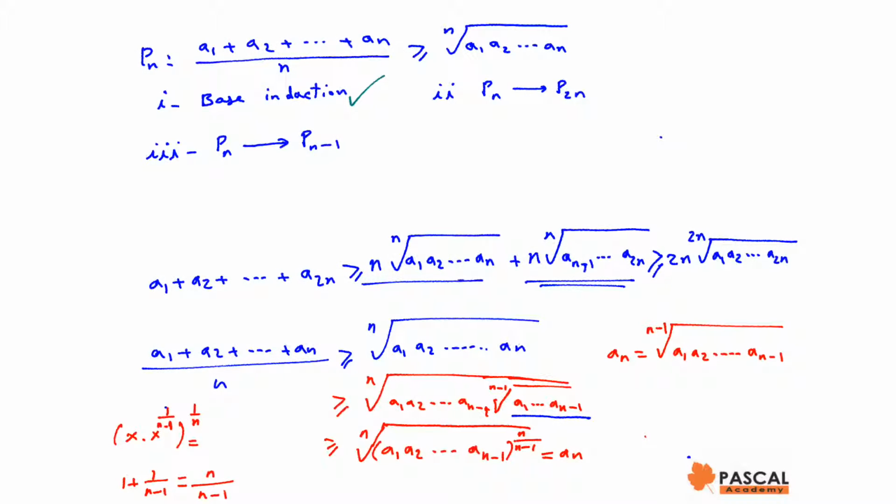This means (a1 plus a2 plus ... plus an) over n is greater or equal than the n-th root of a1 a2 ... a(n minus 1) to the power of n over n minus 1, which is the same as the (n minus 1)-th root of a1 a2 ... a(n minus 1). Therefore, (a1 plus a2 plus ... plus an) over n is greater or equal than an.